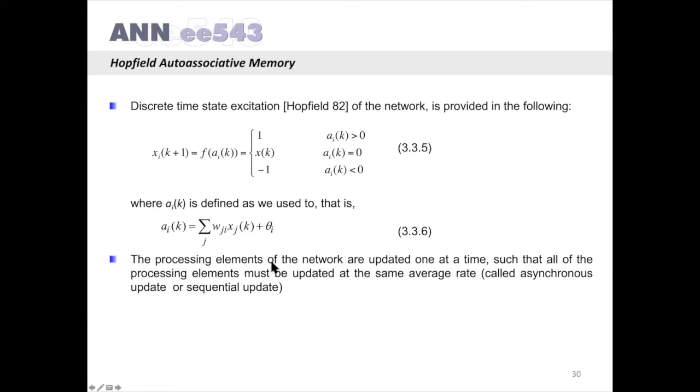The processing elements of the network are updated one at a time, such that all of the processing elements must be updated at the same average rate, called asynchronous update or sequential update.